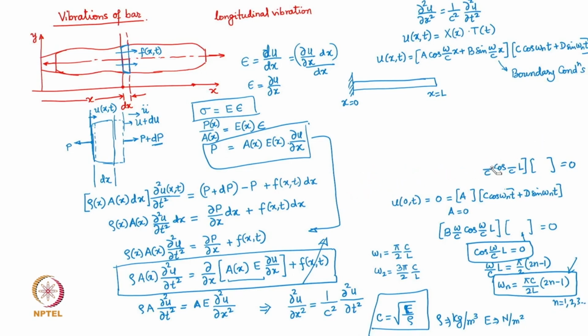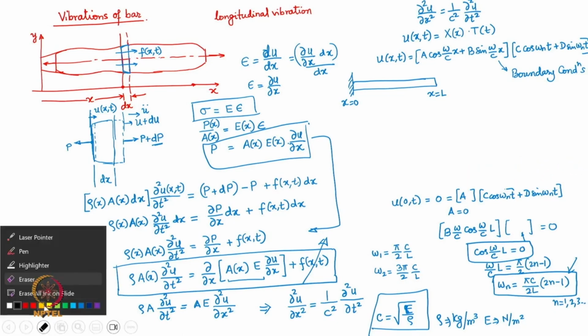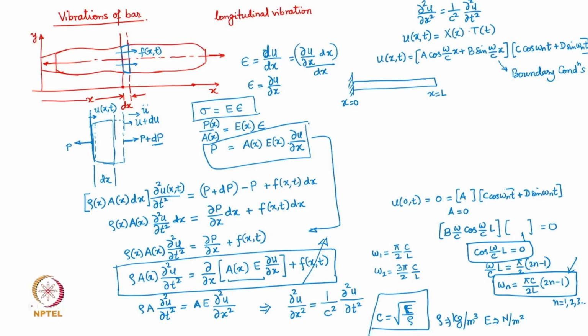Is that clear? So omega 1, omega 2 have been obtained. Now we are looking for how to get the mode shapes. So let's look at how we get the mode shape. u(x,t) is still going to be, see, a has been shown to be 0 and b is non-zero, so the nth mode response is going to be sine(omega n by c into x).